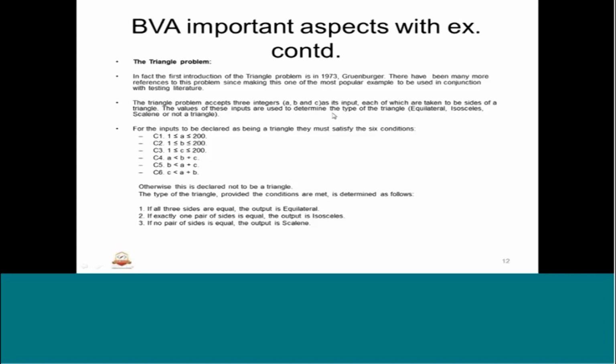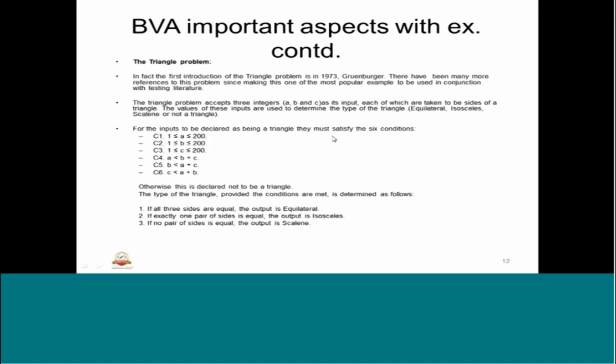The values of these inputs are used to determine the type of the triangle. So what type of triangle these three inputs are going to decide. The triangle could be equilateral, or isosceles, or scalene, or it is not a triangle at all. So one of these is decided based on A, B and C.